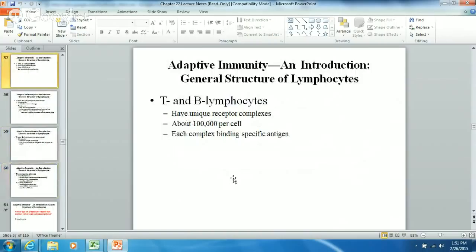Okay, I wanted to skip ahead a little bit because I want to talk about T cells and B cells. Notice that here it says that they have about 100,000 unique receptor complexes and they bind to specific antigens.